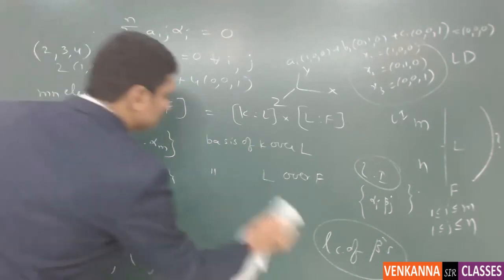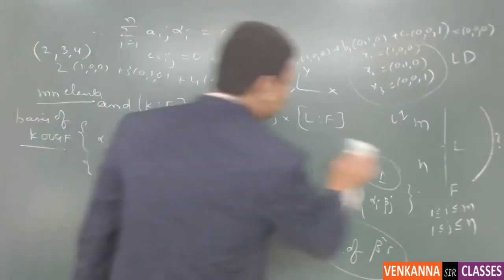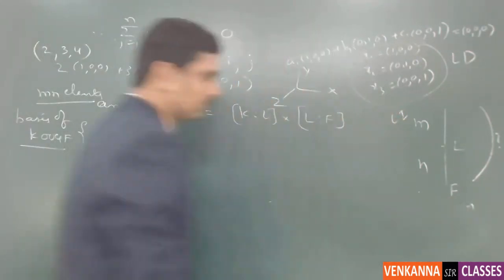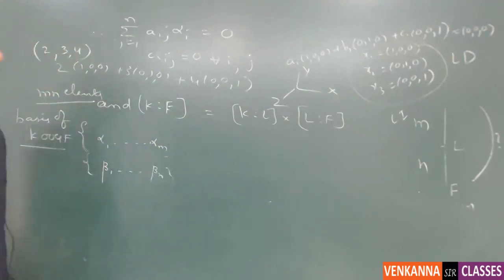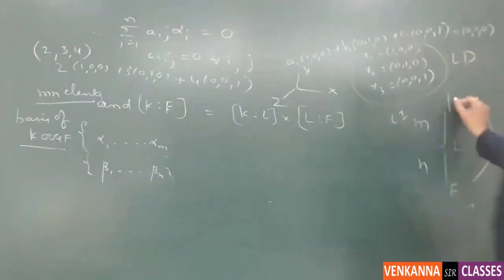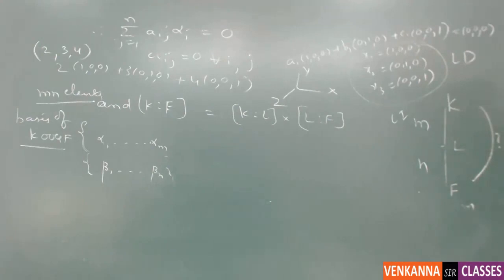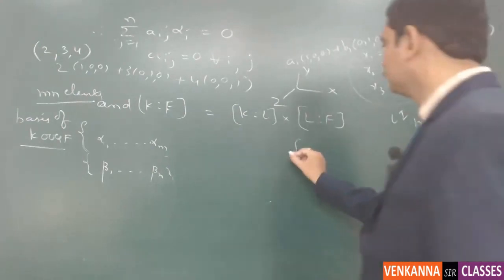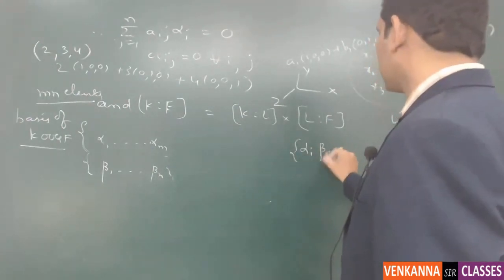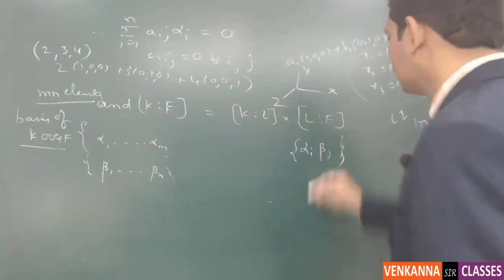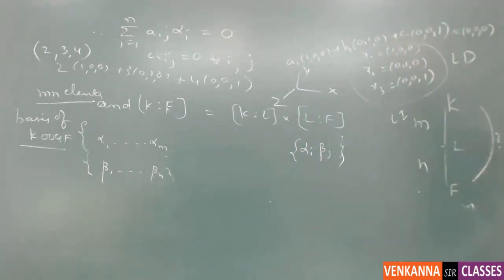Now, we have to prove that the set alpha i beta j spans the set K. So what is meant by spanning here?